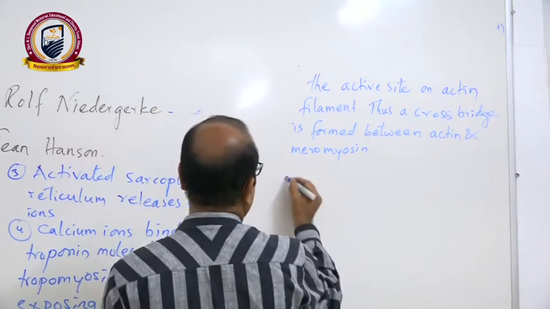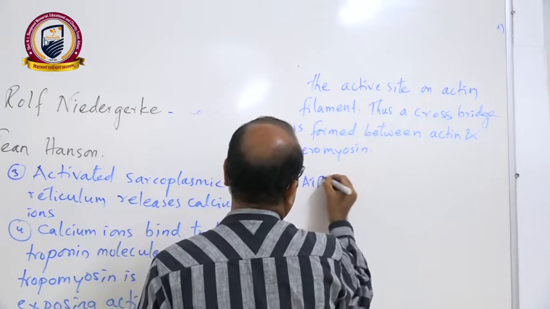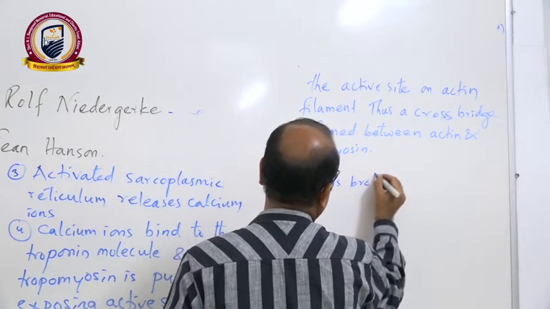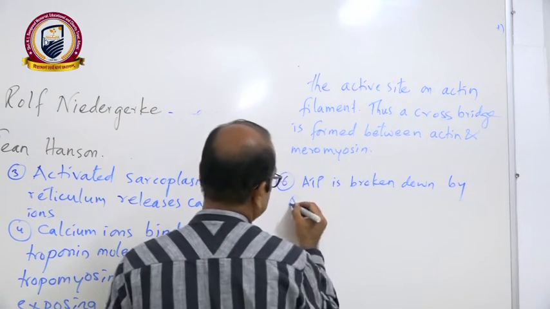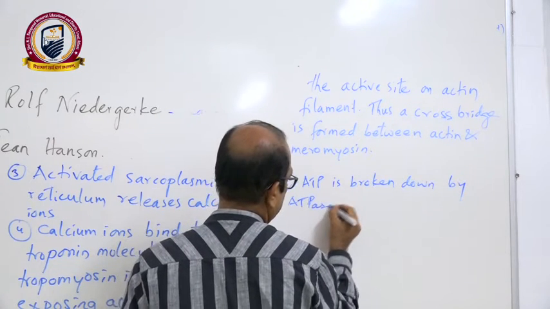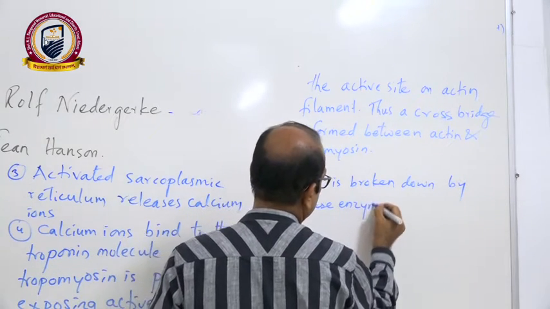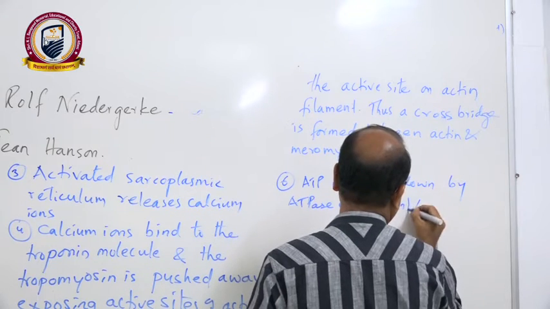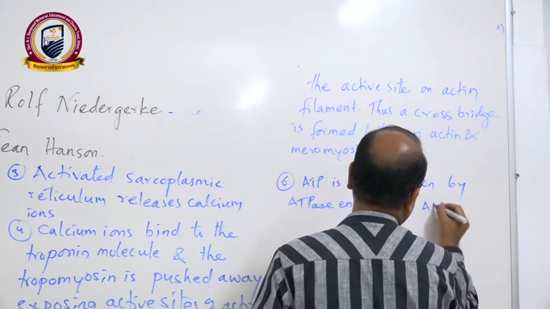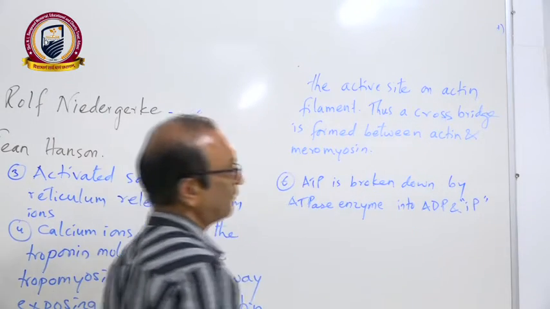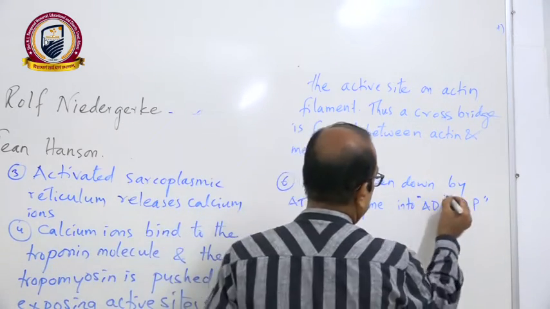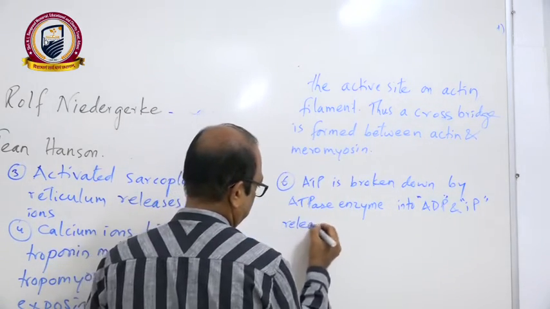The next point. ATP is broken down by ATPase enzyme into ADP, adenosine diphosphate, and inorganic phosphate, releasing energy.